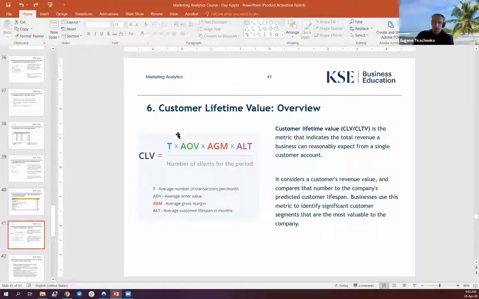And what can you do with that value? That's simple. You just need to know the acquisition cost for a particular segment, because they are likely to be approached in a certain way and require certain support from the customer support or customer rep team. So you calculate that, okay, the acquisition cost is $80, customer lifetime value $100.